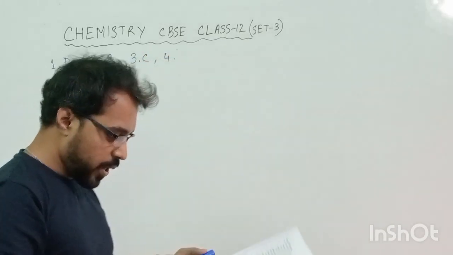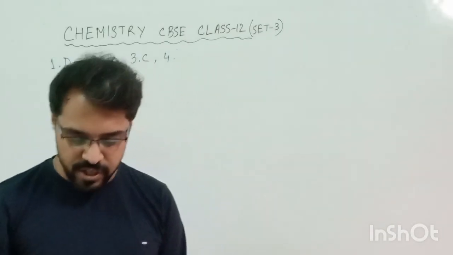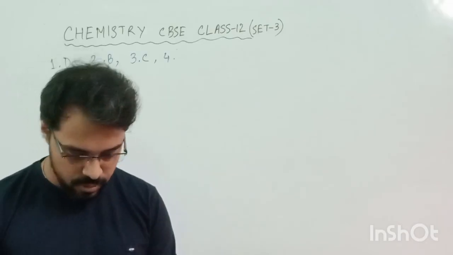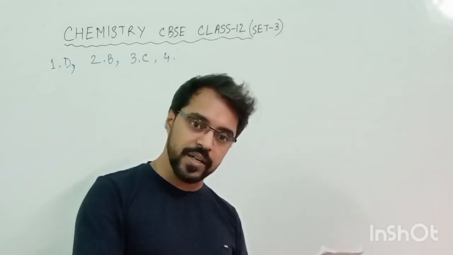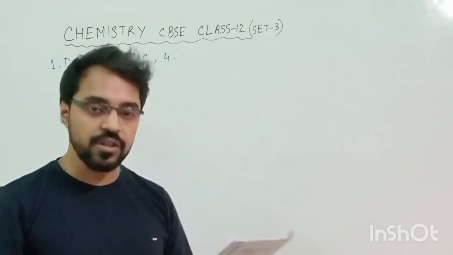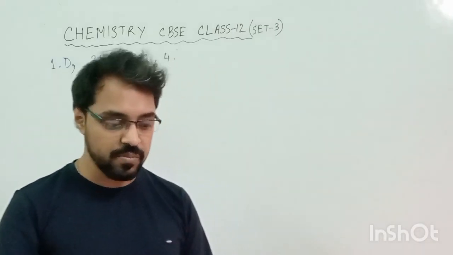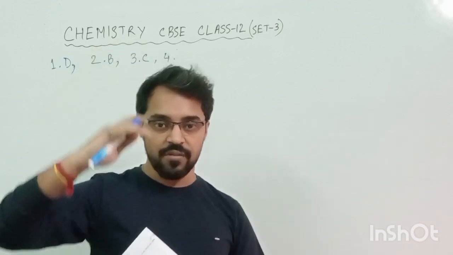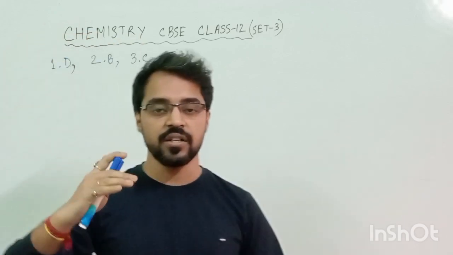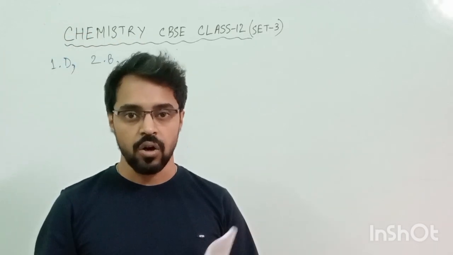Next, question number 4 of set 3, section A, MCQ type. Which of the following d orbitals experience more repulsion in crystal field theory, in CFT splitting of an octahedral complex? We know that Eg levels are on the higher side and T2g levels are on the lower side.